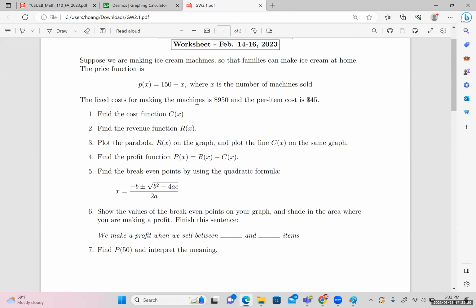So we have an activity with 7 problems, and I would love you to work on this.